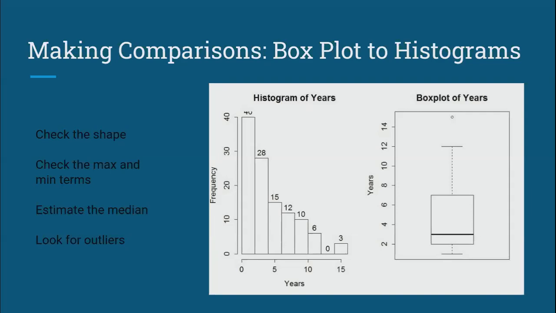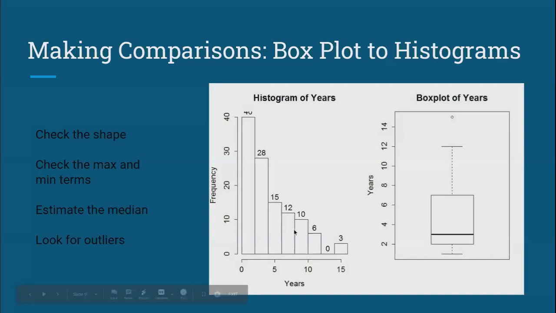And in our discussion, we are going to talk about the shape. Okay, so this means something. The way this box plot has been created, it means something, and it relates to this histogram.